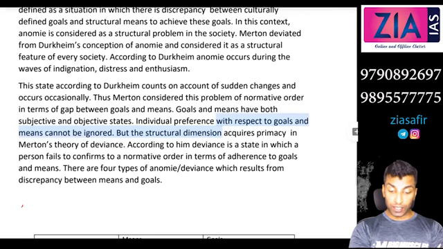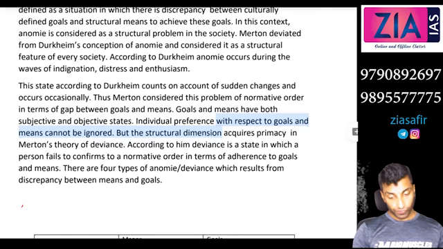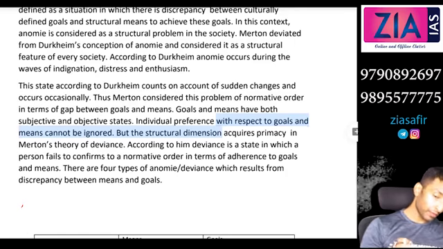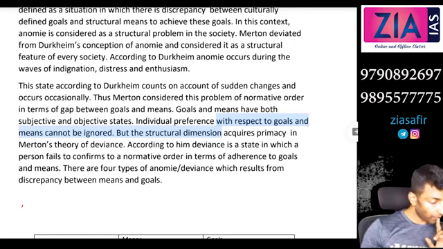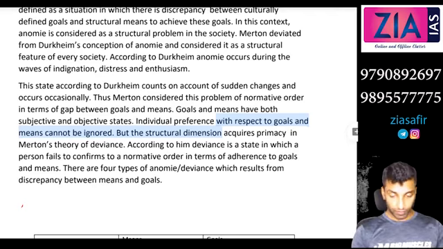Thus, Merton considered this problem of normative order.